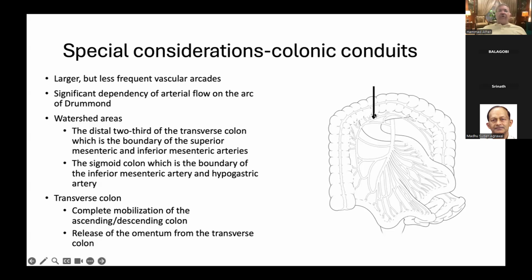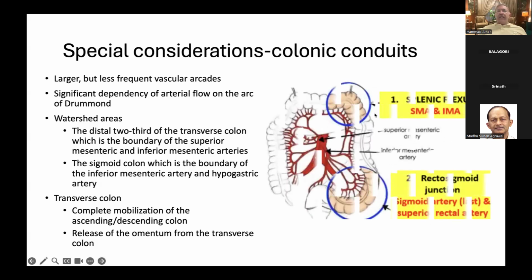We need to identify the watershed areas in the colon, and we know that the superior mesenteric and inferior mesenteric watershed, and the inferior mesenteric and the hypogastric artery watersheds are the two watersheds that you need to identify whenever you want to use a colon as your urinary diversion, incontinent diversion.